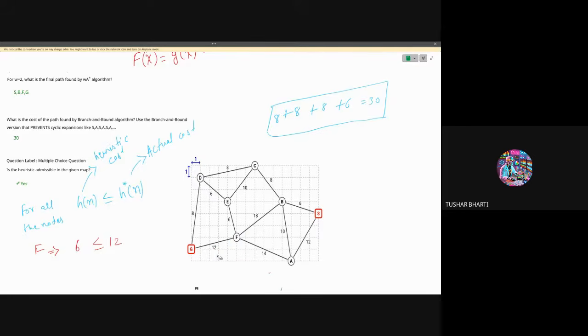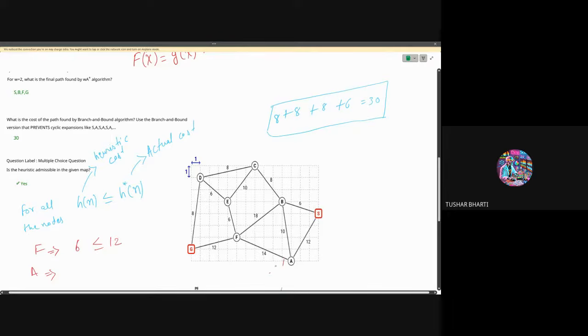Now, if we take A, it has a heuristic value of 12, and the actual path, if we follow, will be 14 plus 12, that is 26.